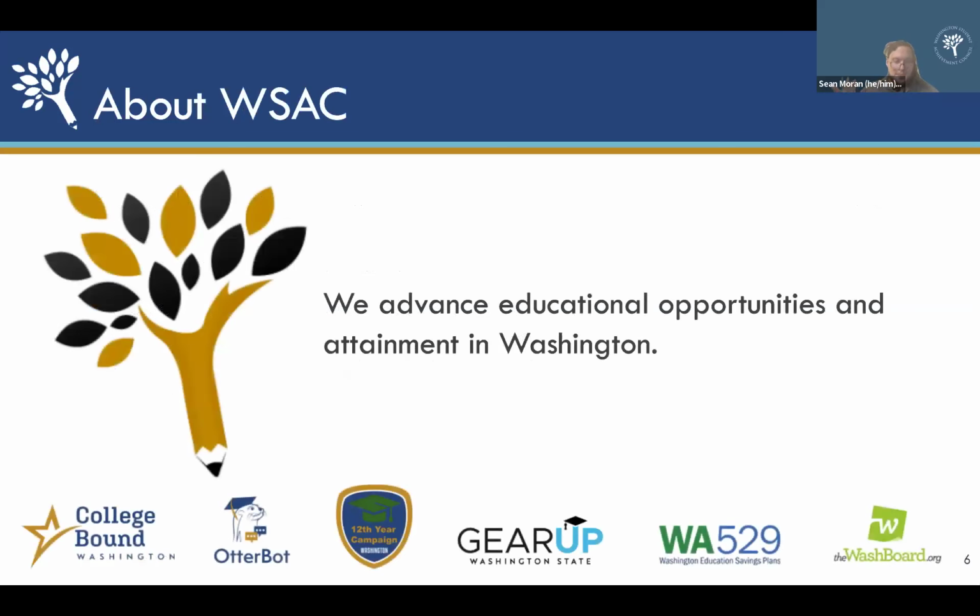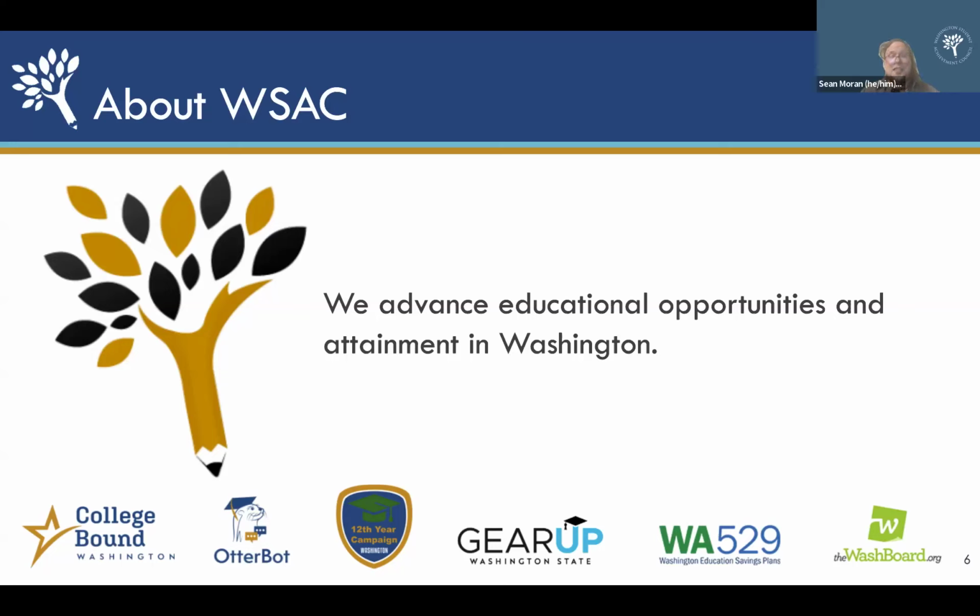And one of the things I want to talk about too is what is WSAC? As we're talking to you today, many of you probably have already heard of the Washington Student Achievement Council, but you may not be aware of everything related to it. WSAC is a combination of many different supports. The whole mission is to advance educational opportunities and attainment in Washington.